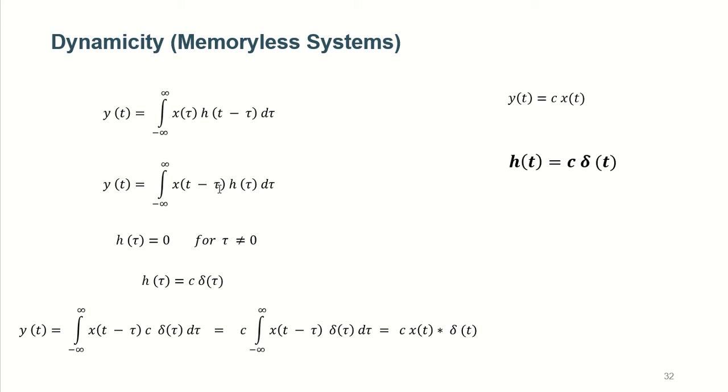Whenever tau has any integer value, 1, 2, 3, 4, 5, anything, that will make x of t minus tau a past input, right? So the condition is only true for tau equal to 0. Now when we consider tau equal to 0, h of 0 is not 0, right?